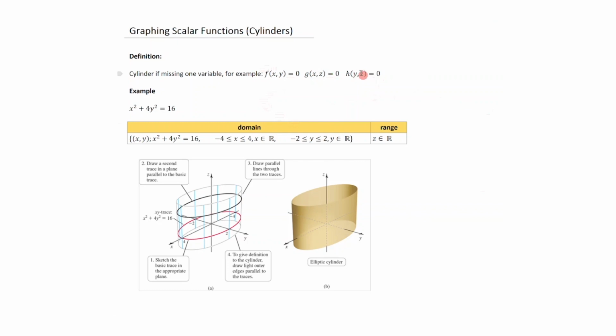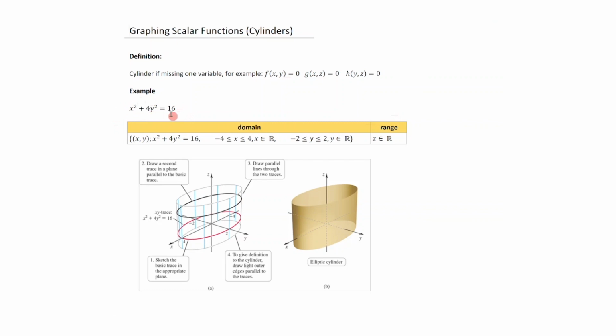In this case, x is not given, and therefore x can be anything. This is more or less taking a function, graphing it, and then extruding it in the direction of the dimension that's been excluded. In this case, it would be drawing this function and then stretching it in the direction of the z-axis.